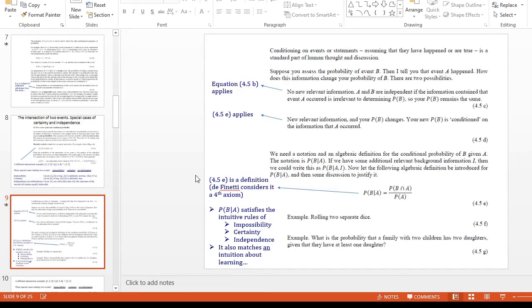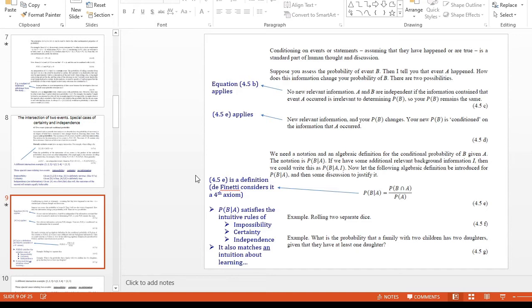So you can get no new information, no relevant information about event B from event A. In that case, they are independent. The standard example: given the roll of a fair die, that tells you nothing about the outcome of the second roll or about the statement it's raining or not outside.